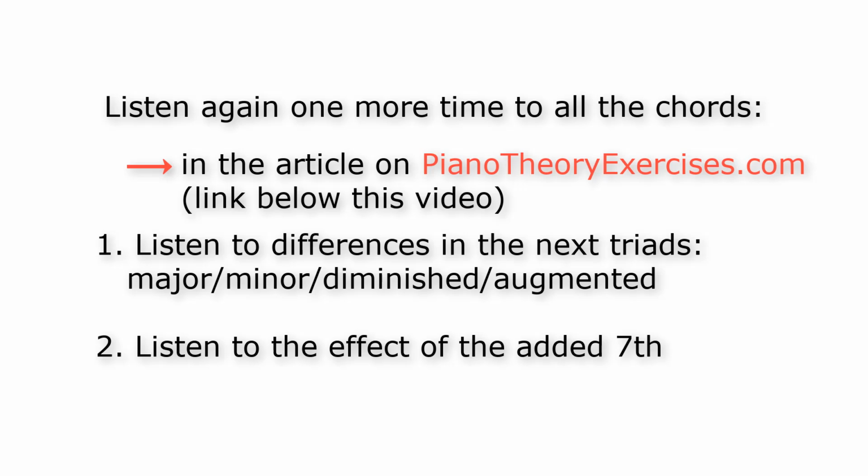You could do the same thing with minor chords. So first listen to a minor triad and then to a minor seventh chord or to a minor major seventh chord. In the first case, there's a minor seventh added to the minor triad. In the second case, a major seventh. So try this all out, and in the next lessons I will teach you how to form minor and major triads and seventh chords.